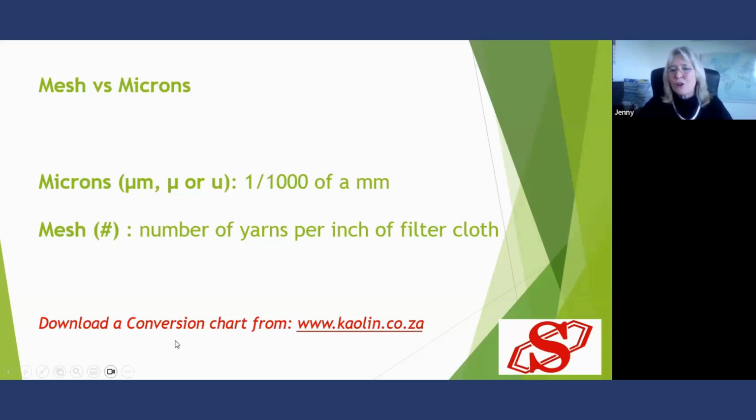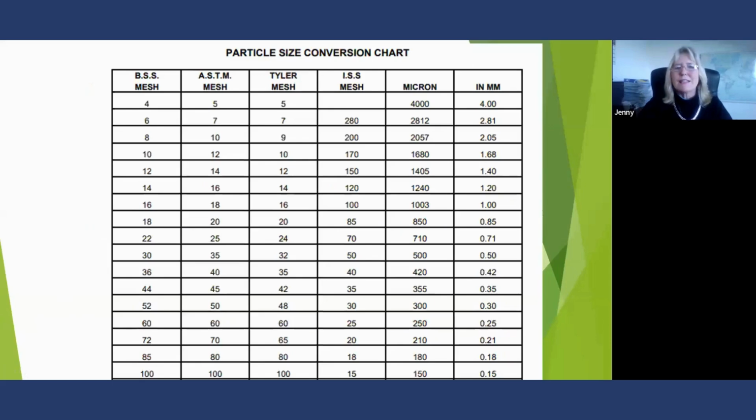The way to resolve this problem is to use a conversion chart, and we've tried to make things easier by having a conversion chart on our website. It's a very easy to remember website, kaolin.co.za. And this is what it looks like, the conversion chart. The one tricky thing is that there's quite a few different mesh standards.